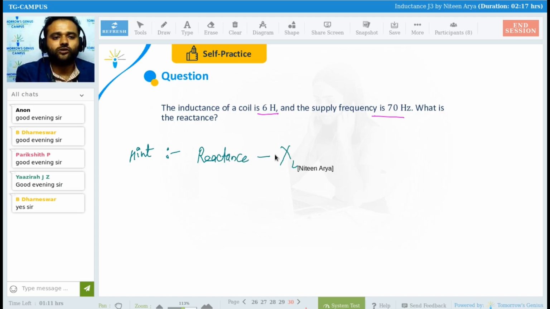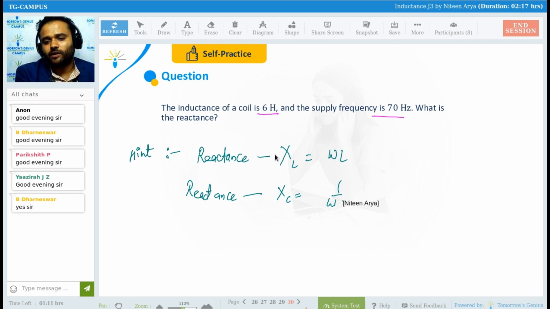There are two types of reactance, one because of an inductor, one because of a capacitor. We are going to discuss it next. XL is omega L, and the reactance due to a capacitor is XC, 1 upon omega C. So this reactance is because of inductance, and this is because of the capacitor.